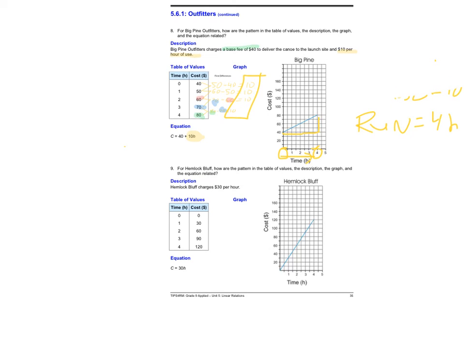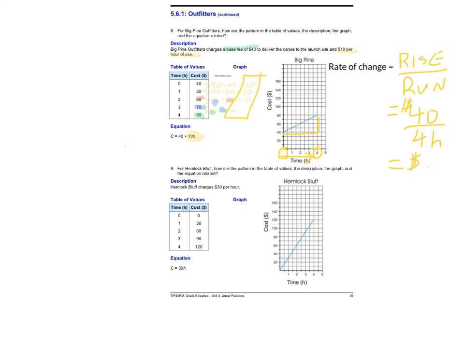I'm going to start by clearing the board just so that I have room to write. So our rate of change is the rise over the run. In this case, that was $40 over 4 hours. 40 divided by 4, that gives us $10 for every 1 hour.